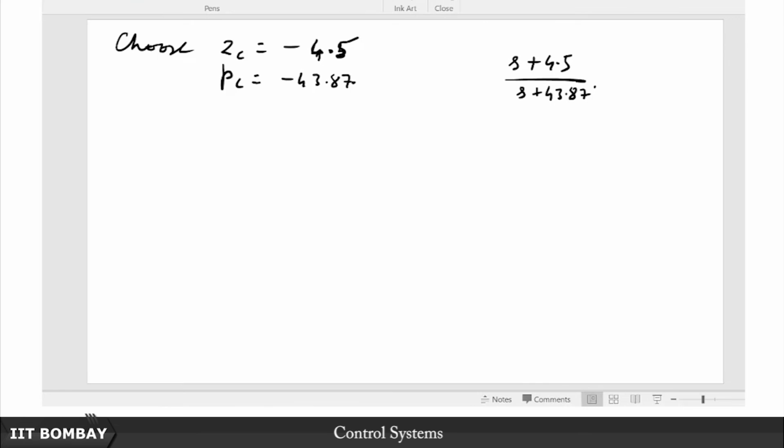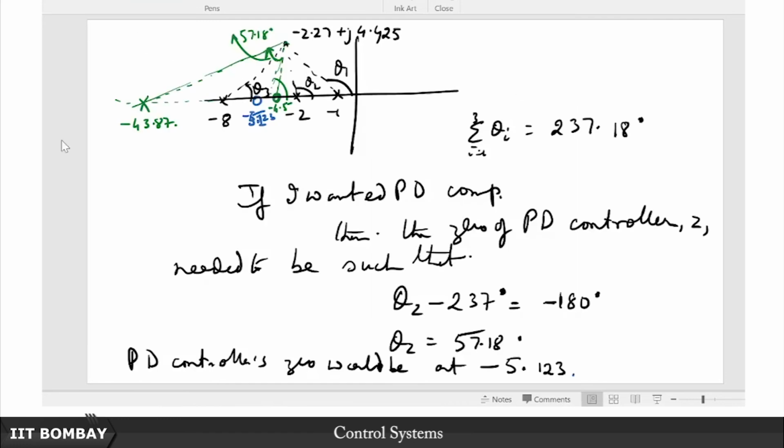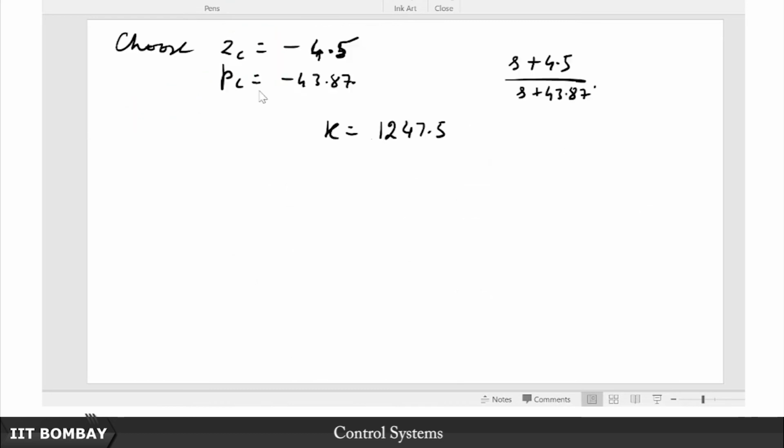So I computed this K, and this K came out to be 1247.5. How did I compute the K? I measured off the lengths of all the poles, multiplied them together and divided by the length of the line joining this desired location to the 0. It came out to be 1247.5.